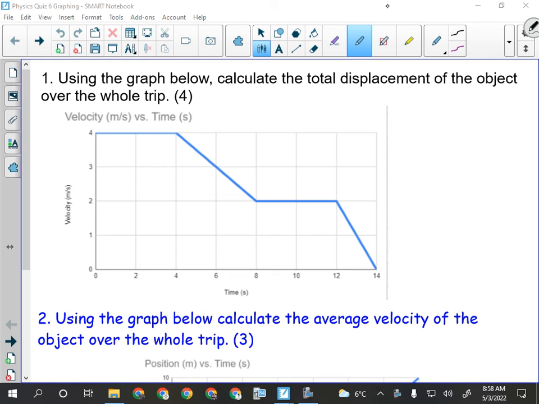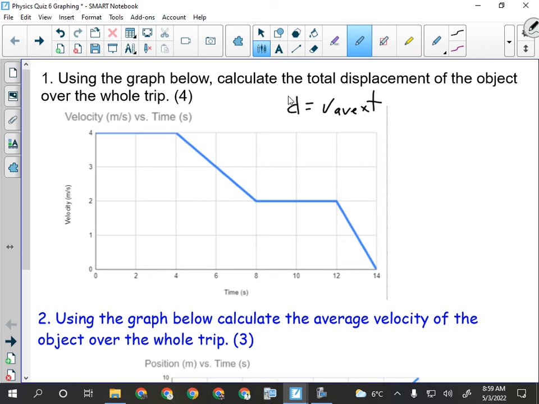And we can calculate the displacement. We calculate the displacement by understanding that displacement equals average velocity times time, which on a graph that's irregular means calculating essentially the area between the line and the x-axis.